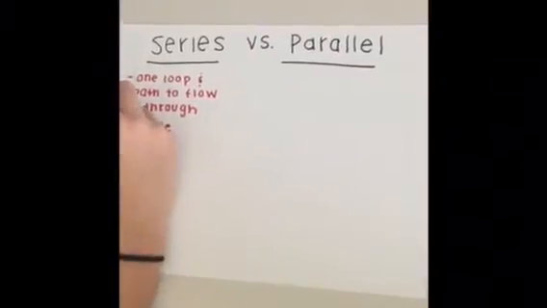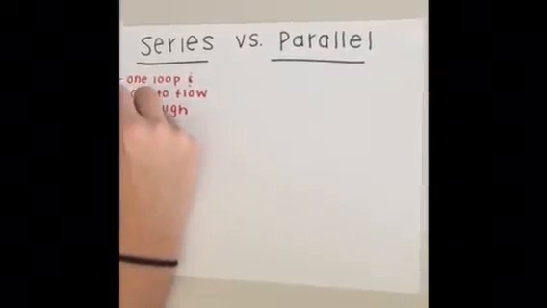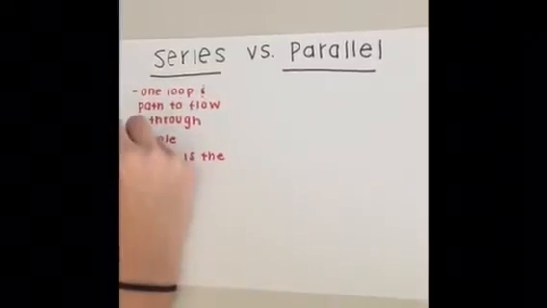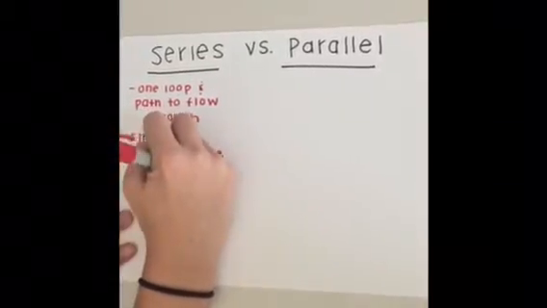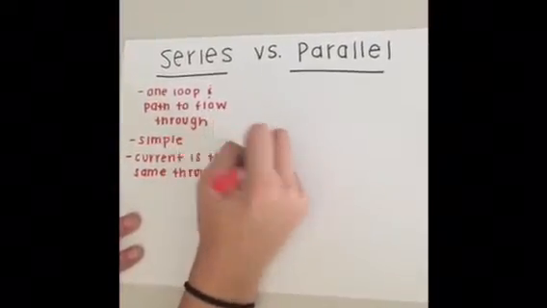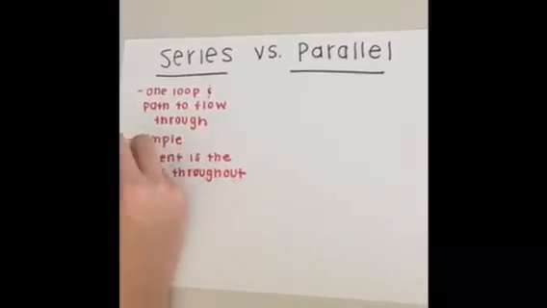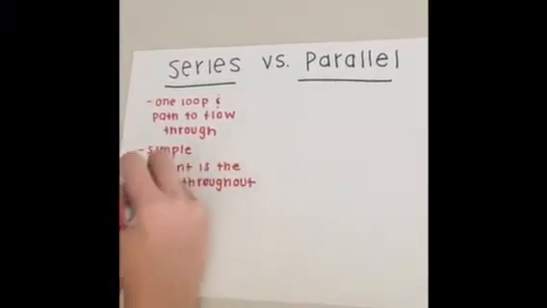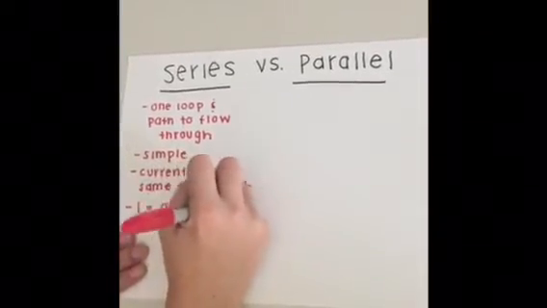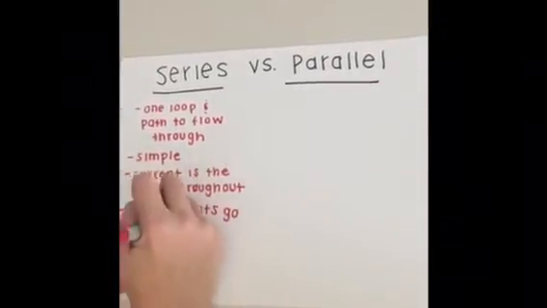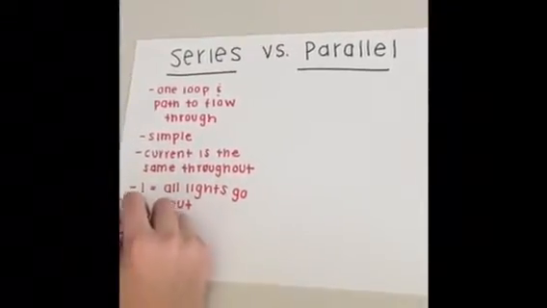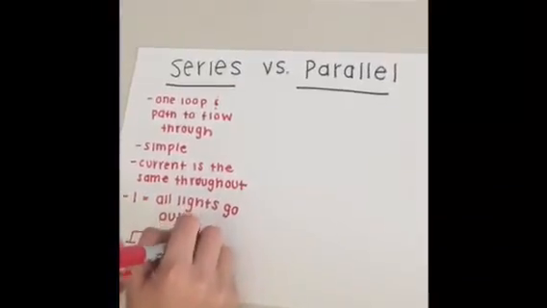The current is the same throughout. And in this one, if one light goes out, all lights go out. In addition, a series circuit looks kind of like this.